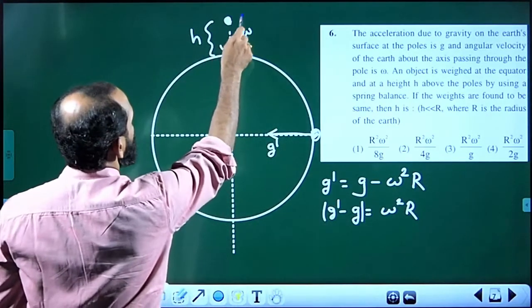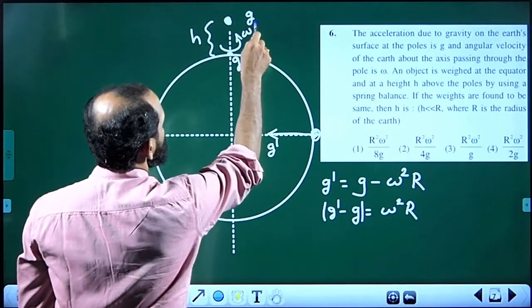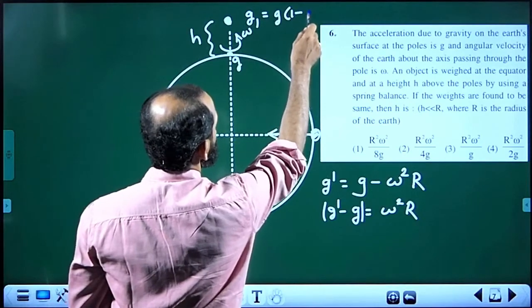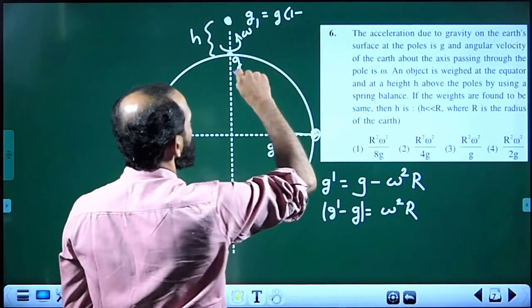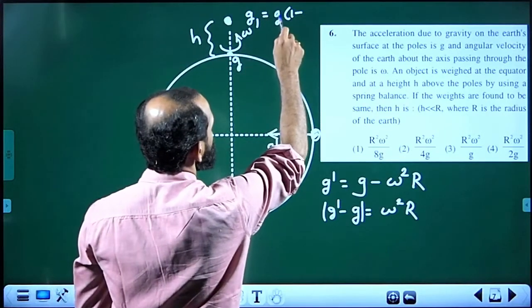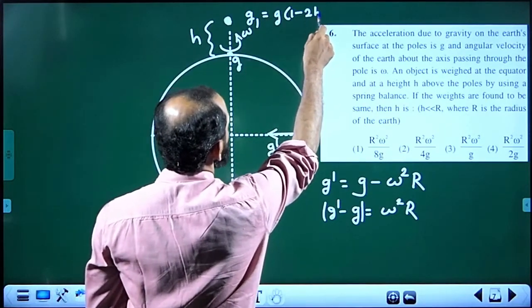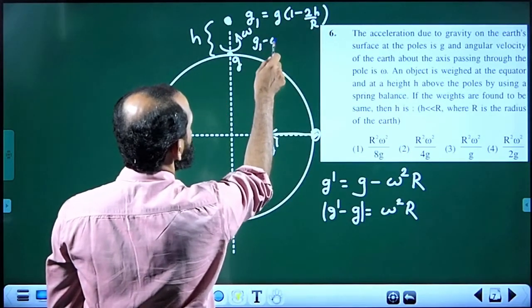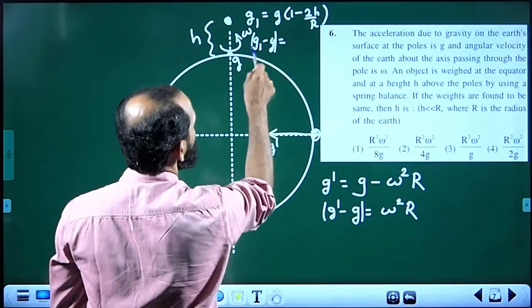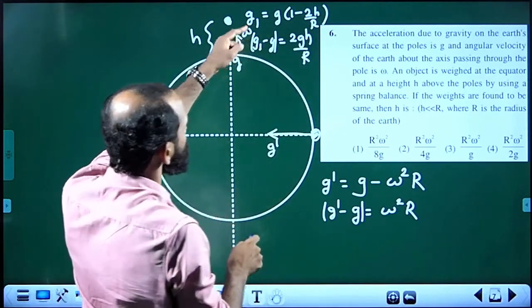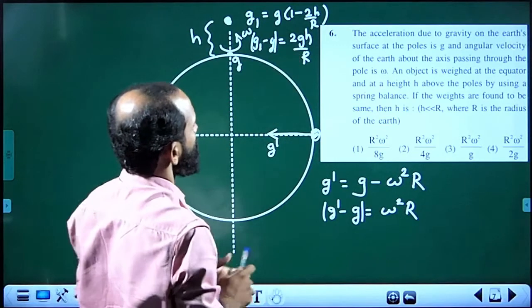Here the acceleration g1 is equal to g into 1 minus 2h divided by r, from the formula for acceleration due to gravity with altitude variations. So g minus g1 is numerically 2gh by r.